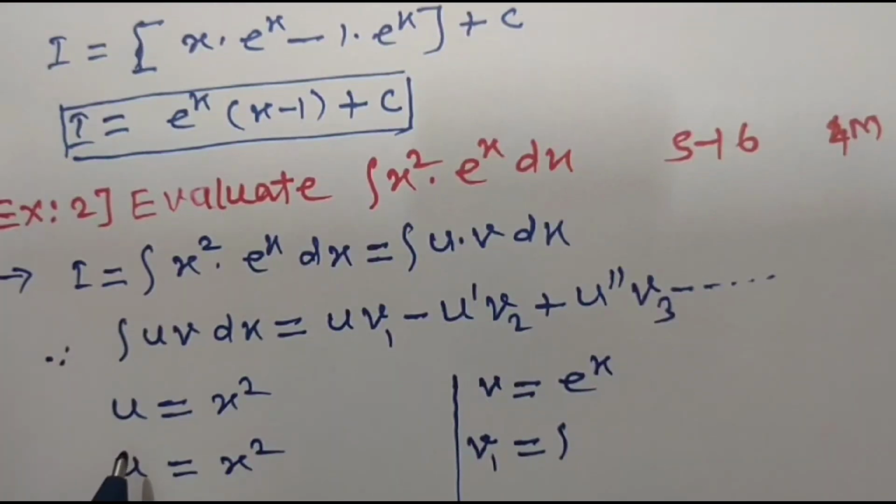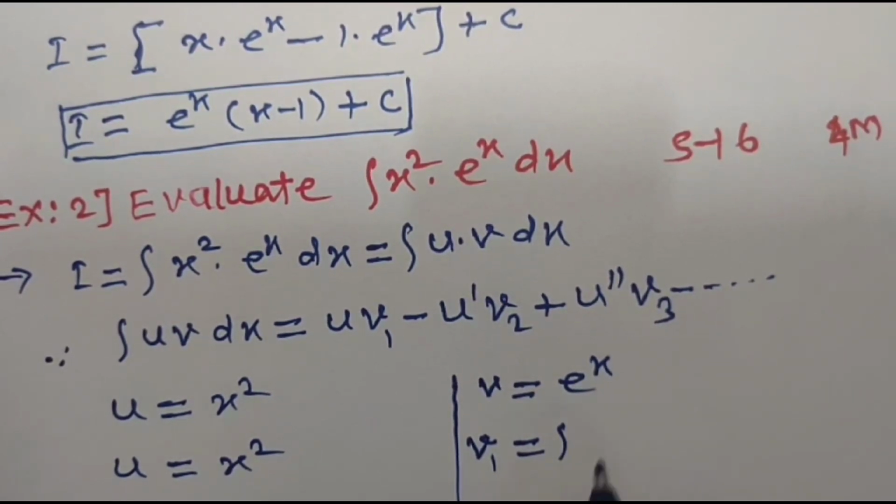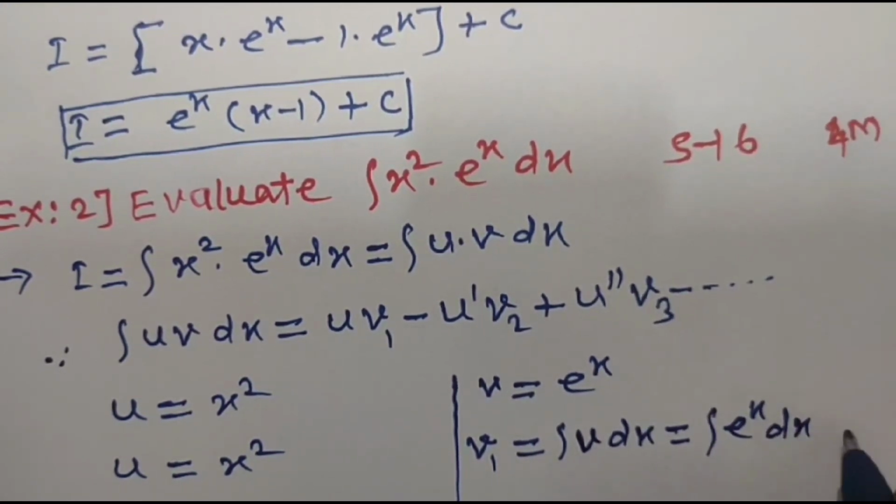Now here u is equal to x square and v is equal to e to the power x. Keeping u is equal to x square as it is, find v1, which is integral of v with respect to x, equal to integral of e to the power x with respect to x, which is e to the power x.